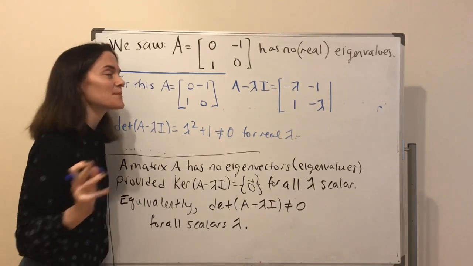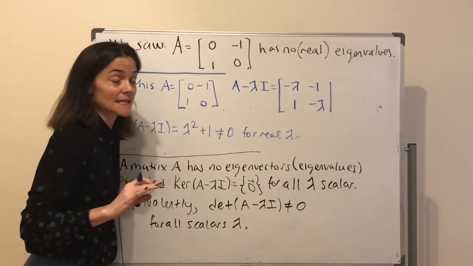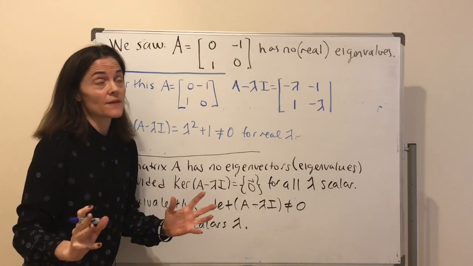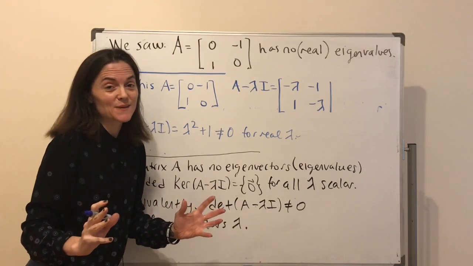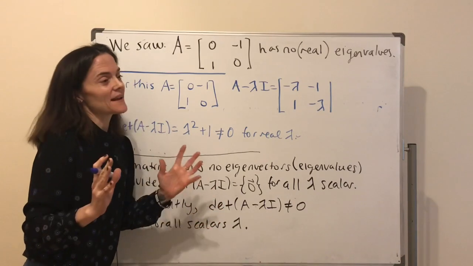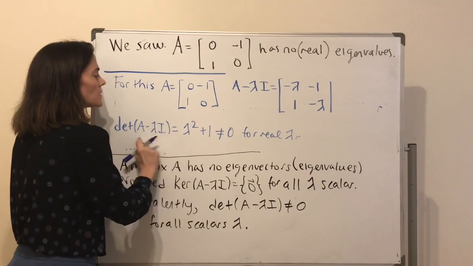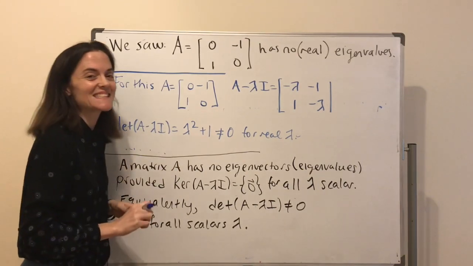Looking at this determinant of A minus lambda I and realizing it's never 0 is a way to algebraically see that we don't have any real eigenvalues. We thought about it geometrically first, but you see it algebraically by looking at the determinant of this matrix.